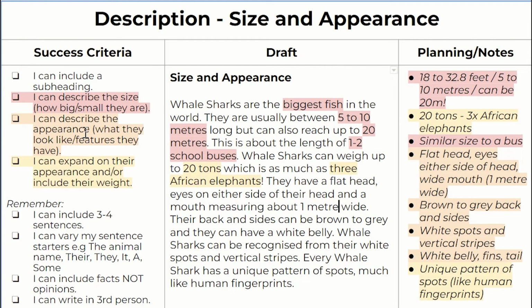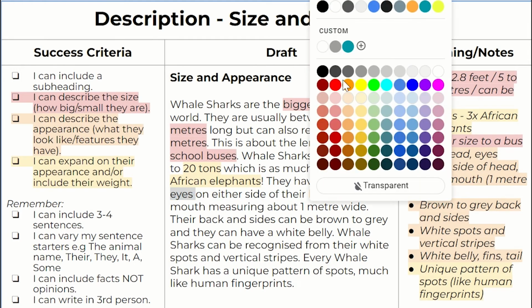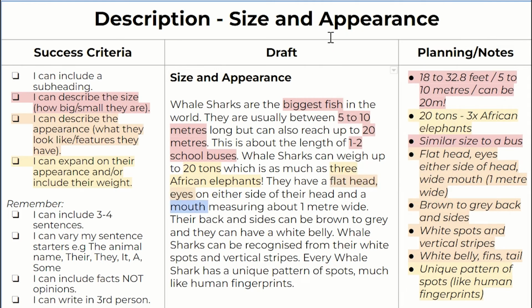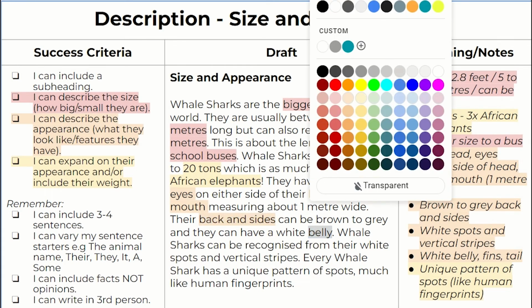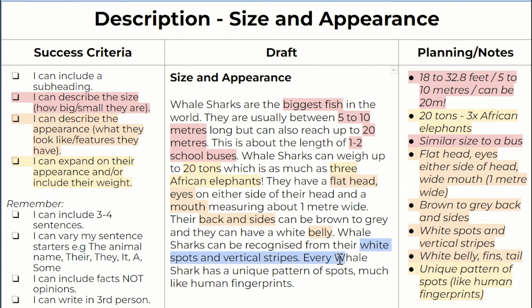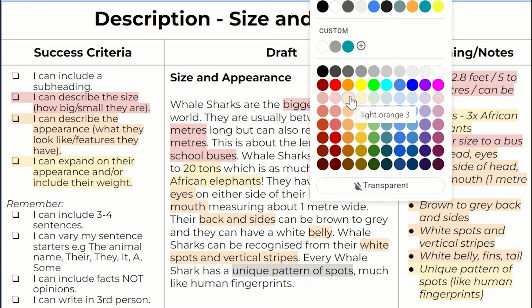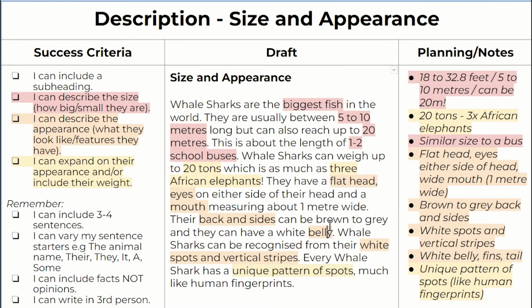And then let's see, appearance. Yes, so flat head, eyes. I've also talked about the mouth. Also talked about their back and sides and how they have a white belly. Oh, and their white spots and vertical stripes, and I've also expanded that further by talking about how they all have a unique pattern of spots. Great. Okay, so I've included that.